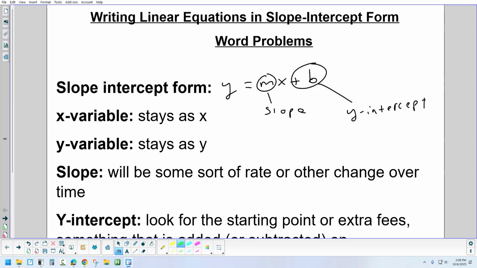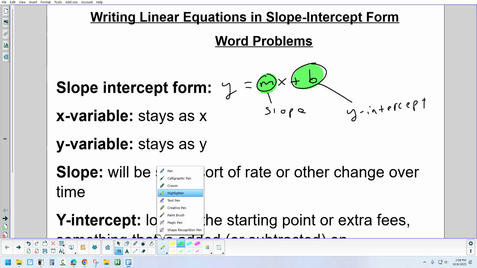X stays as x. The y stays as y. The two things that are going to change are the m and the b. The two things I highlighted in green, you have to fill in a number for those two things. That number will be given to you in some way when they give you the problem.